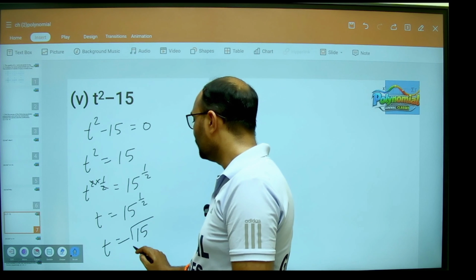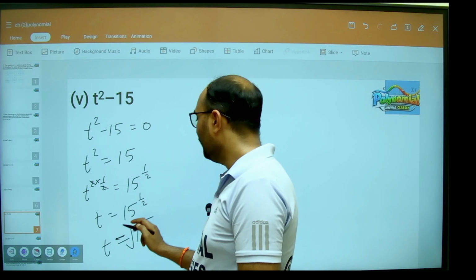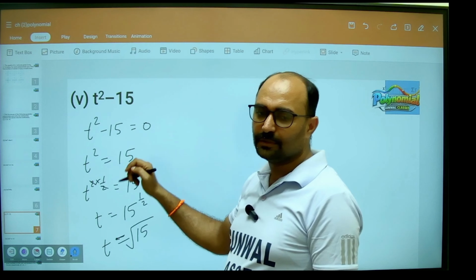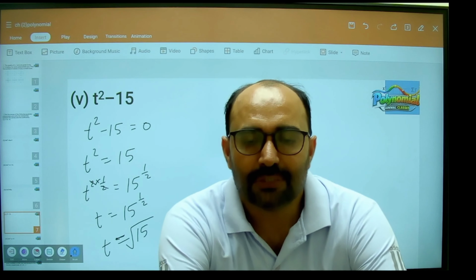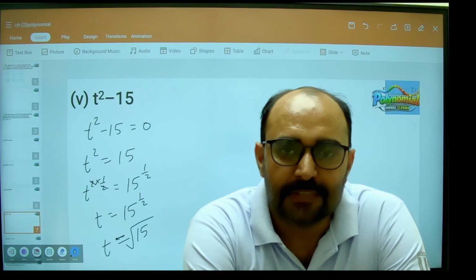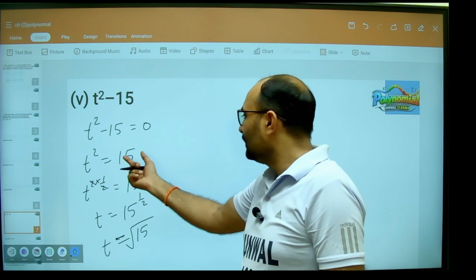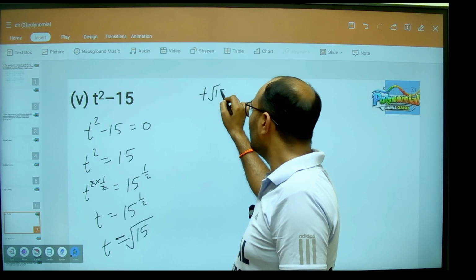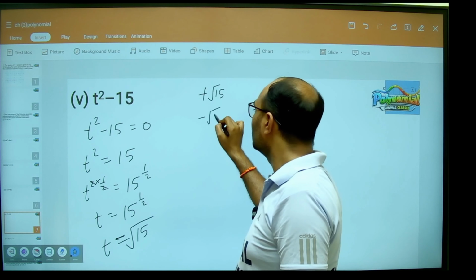15 under root. If 15 is a square number, this may be the square of plus root 15 or minus root 15.